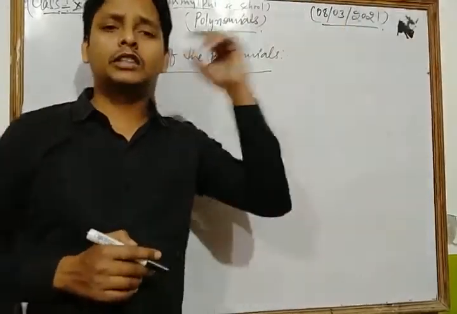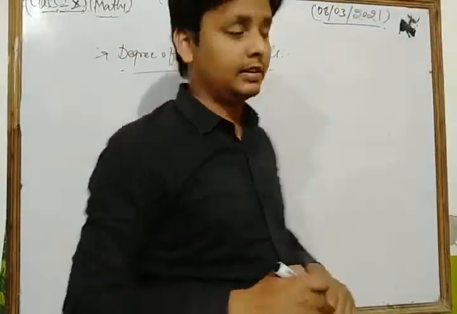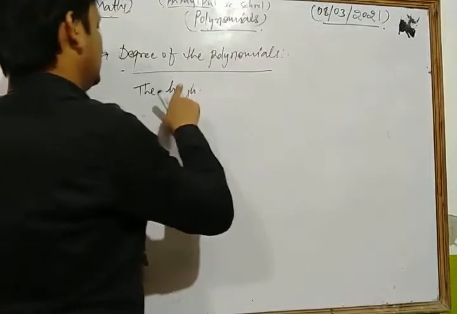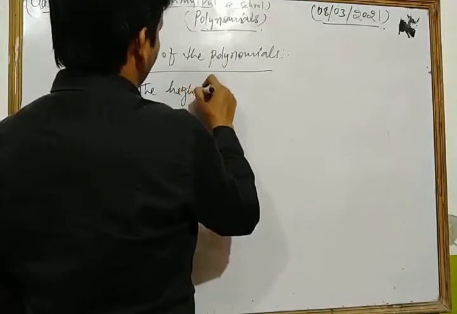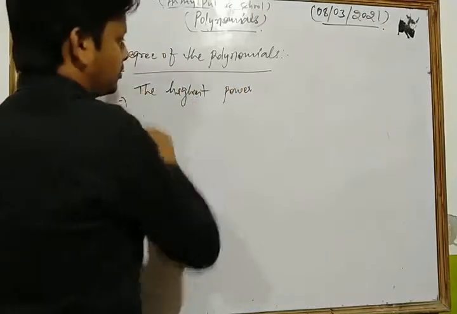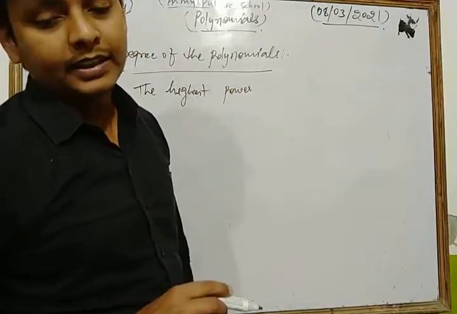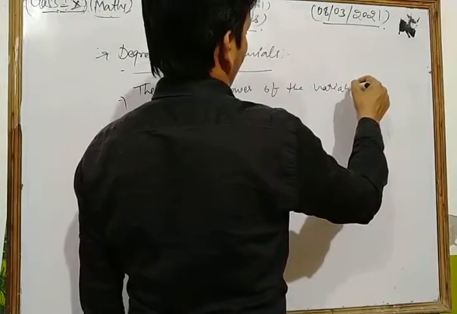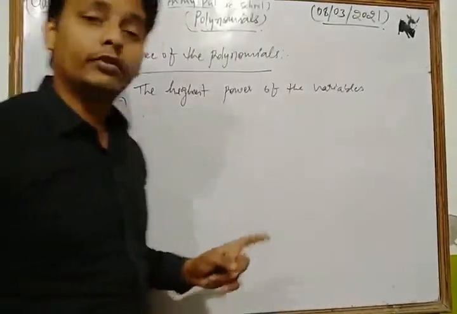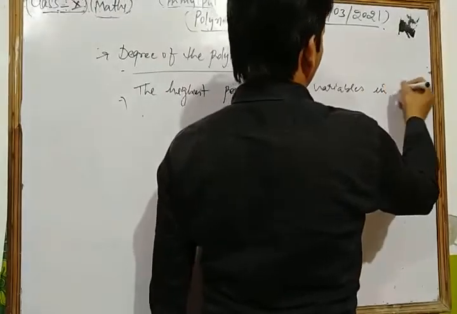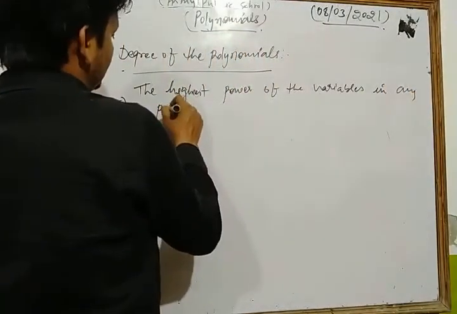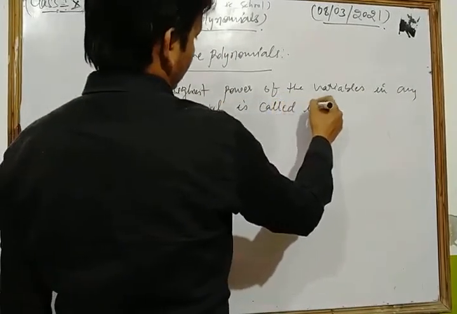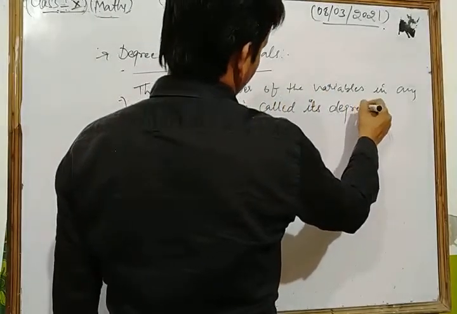Dear friend, the highest power of the variables in any polynomial is called its degree.